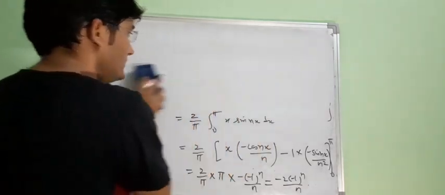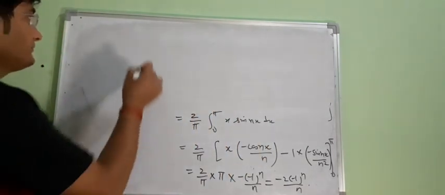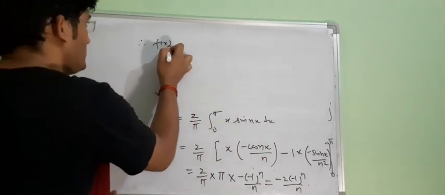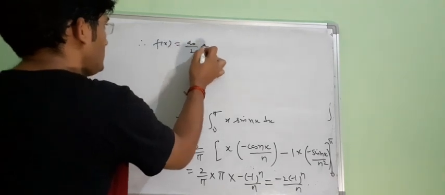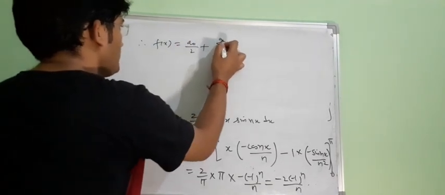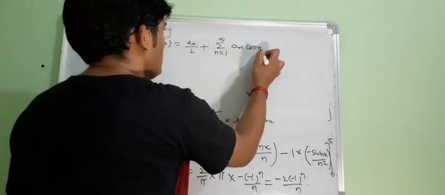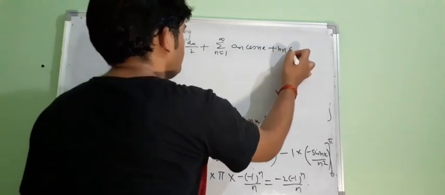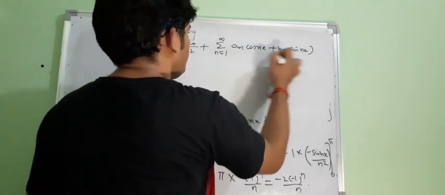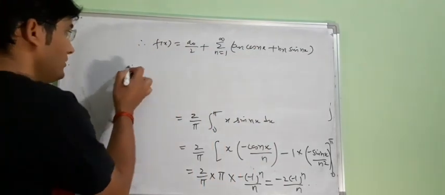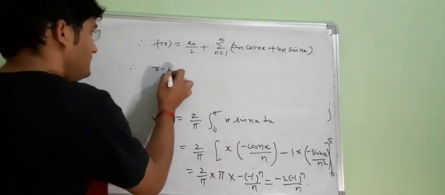Hence the Fourier series expansion is a0/2 plus the sum from n equal to 1 to infinity of an cos nx plus bn sin nx. Therefore our f(x) = x − x².